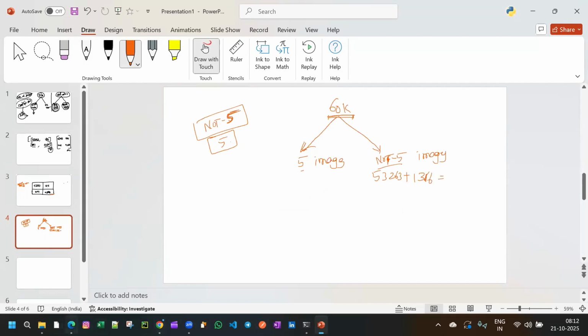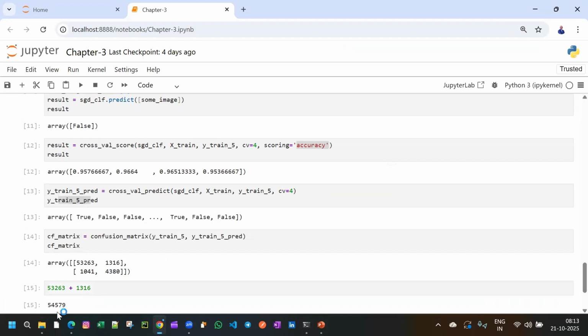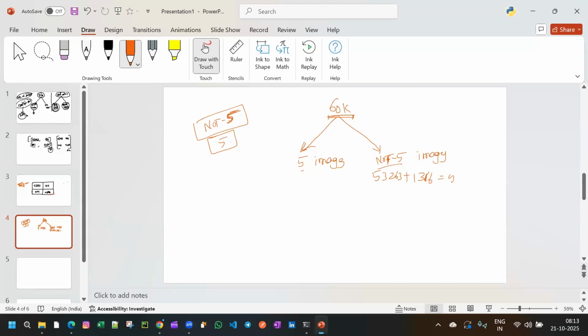Let me just calculate it. 53263 plus 1316 is 54579. So in the actual instances, there are 54,579 out of the 60K images that really contain not 5 digits inside.